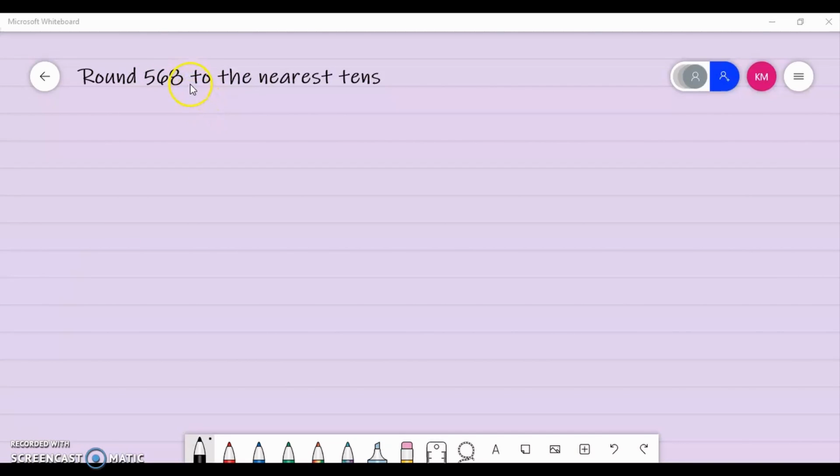We are asked to round that number to the nearest tens, so we must identify which number actually falls into the tens position. So our 5 lies in our hundreds position, our 6 in our tens, and 8 in our ones position. So I'm going to circle that 6 because it is in our tens position.